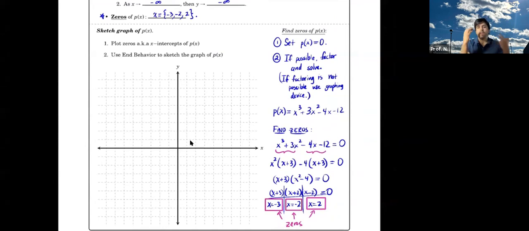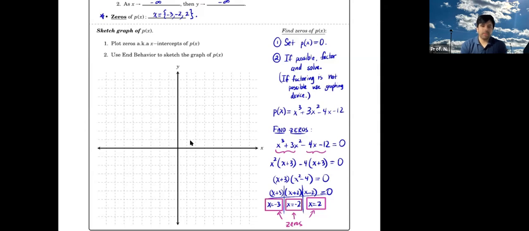Okay, so we were able to find the zeros because this polynomial was very nice in being able to be factored. After we factored, we're able to find the factors, and based upon the factors, we're able to figure out the zeros.